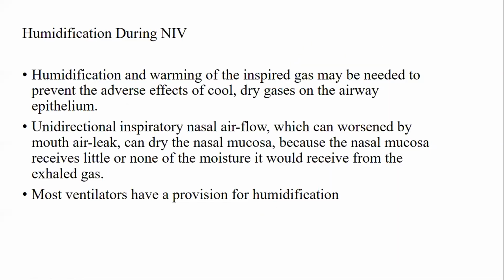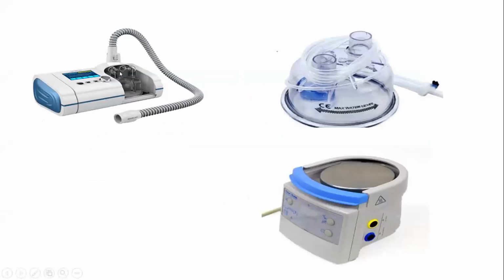This is just a pictorial depiction of some of the humidifiers. This is a small BiPAP ventilator that is very commonly used for NIV. This is the humidification that is to the right on the front. And the air that is going to come out through the circuit is going to be humidified. The hot plate is usually down there, and this is usually interchangeable.